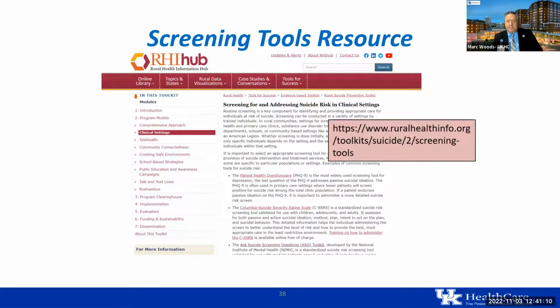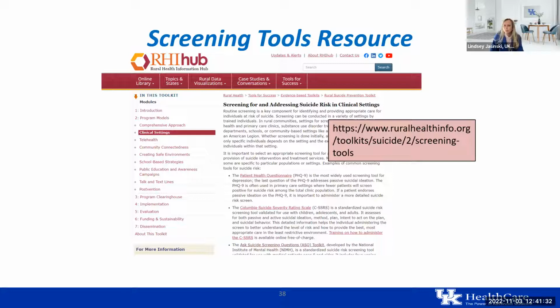And Lindsay. So in the interest of time, I'm not going to go over this in depth, but we wanted to provide a couple of tools and resources. The Rural Health Information Hub is actually a great resource. They have a suicide toolkit that includes all of these questionnaires, as well as toolkits on how to implement these, how to use an EHR, how to train staff, all of those kinds of things.